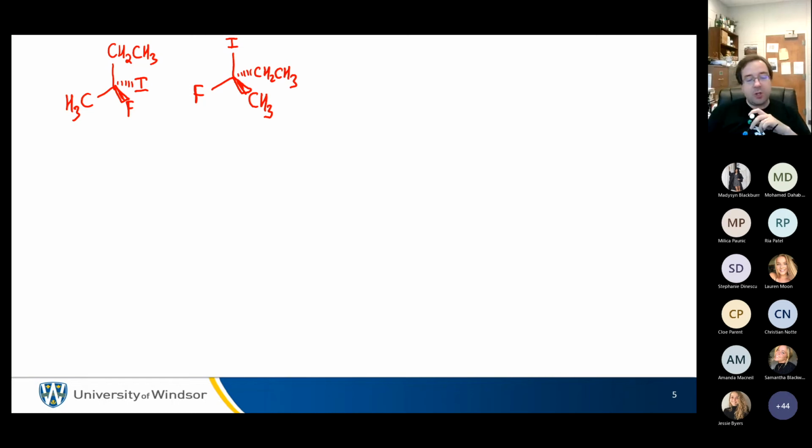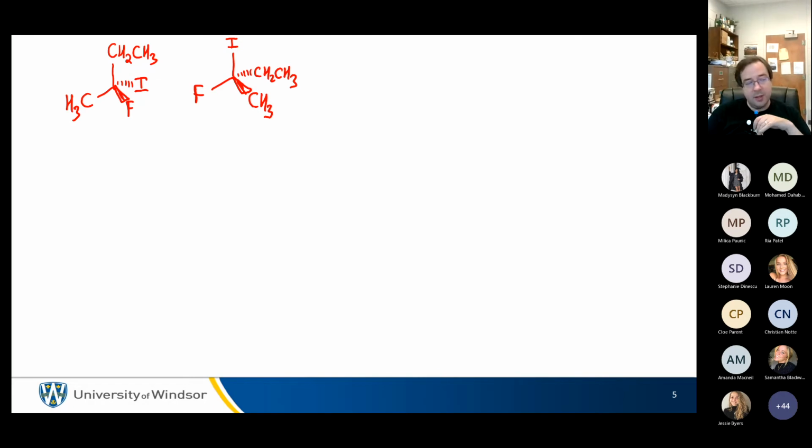So I guess my first question is, are these carbons attached to 4 different things? Perfect, Olivia. Yeah, it's attached to the same thing. Attached to two of the same things or 4 different things?